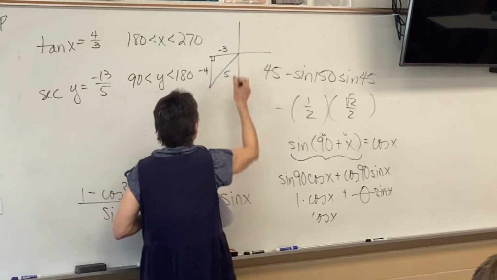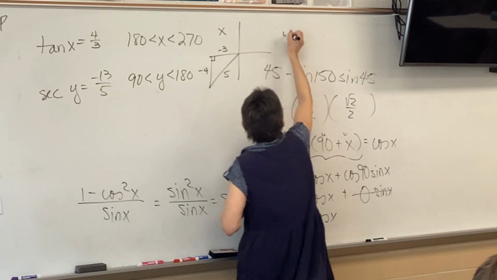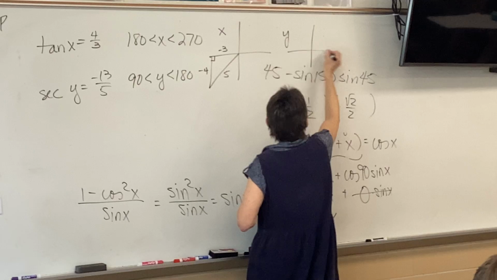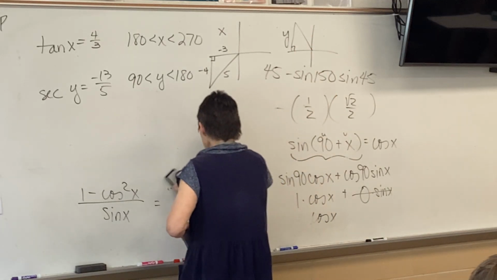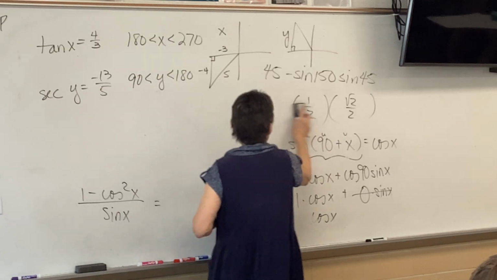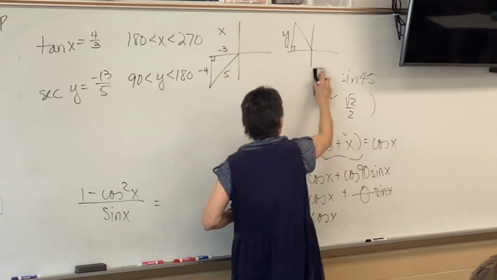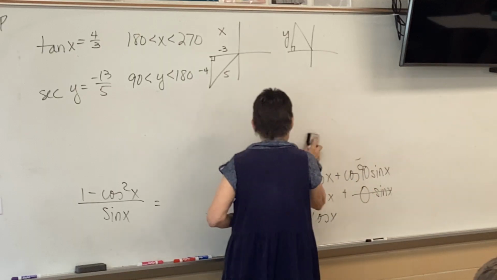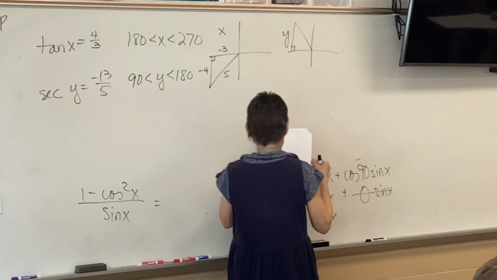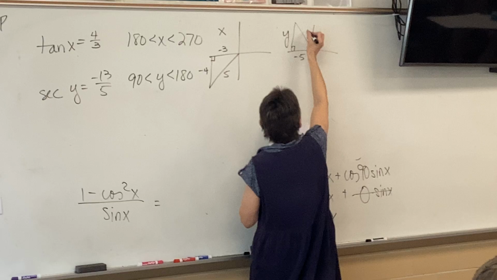Alright, so this is x. Y. So y is in quadrant 2. And the secant, which is the reciprocal of the cosine, is, so cosine is negative 5/13.